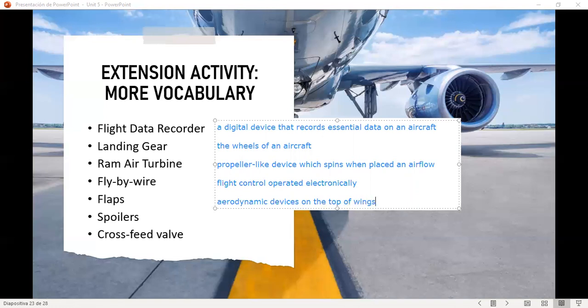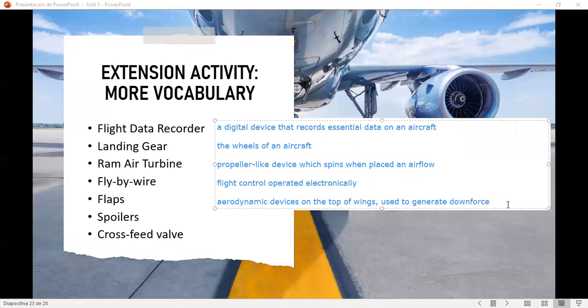In this case, these are the ones used to generate downforce so that they can lower speed. Okay. Downforce.